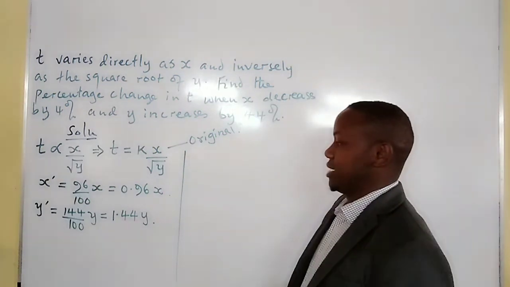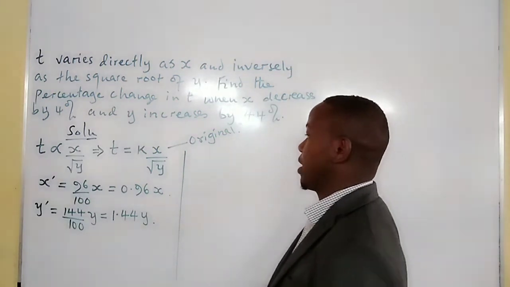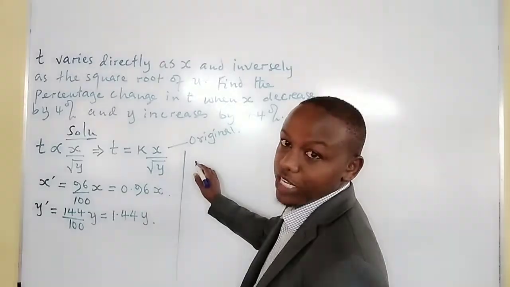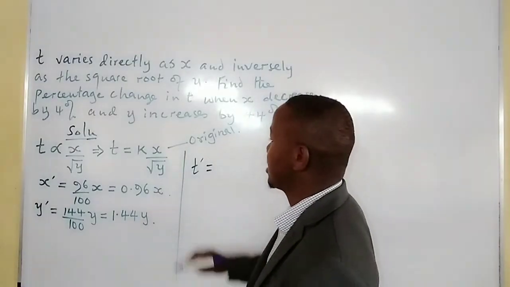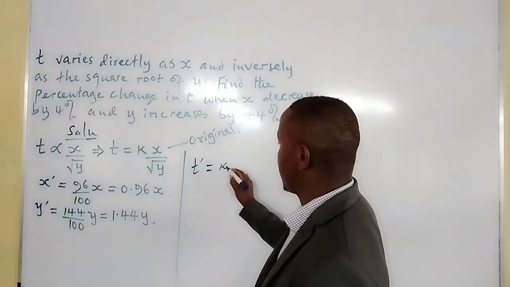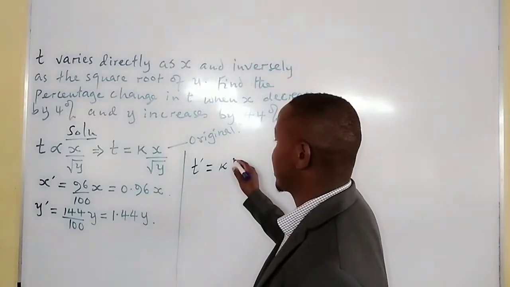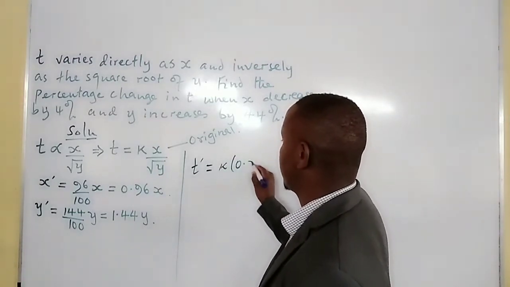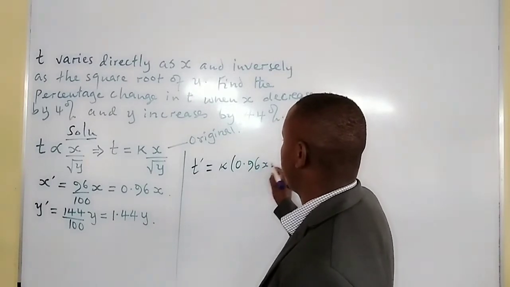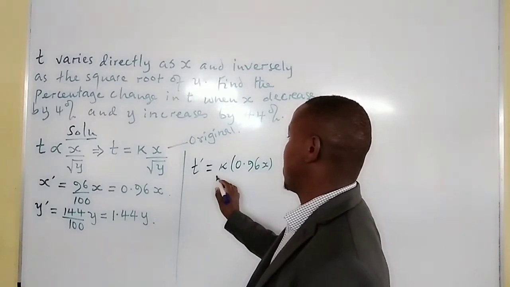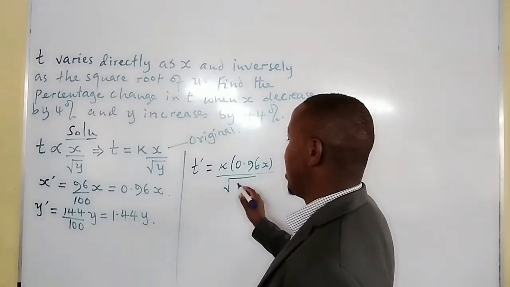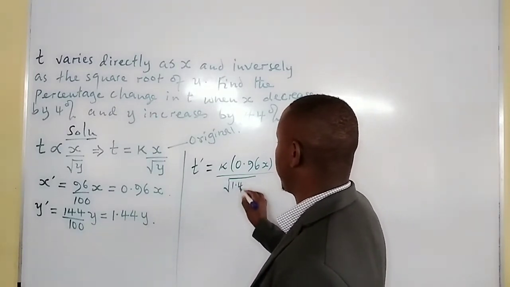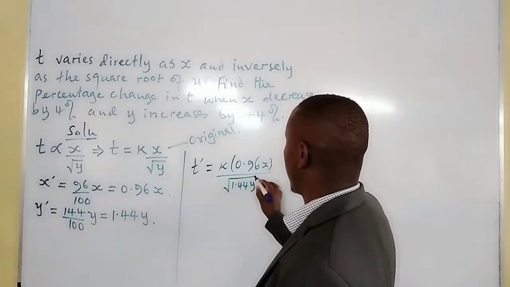Now we can express the new t. So t now becomes the constant of proportionality times x, and the new x is 0.96 of original x. Then we divide everything by the square root of y, and the new y is 1.44 of original y.